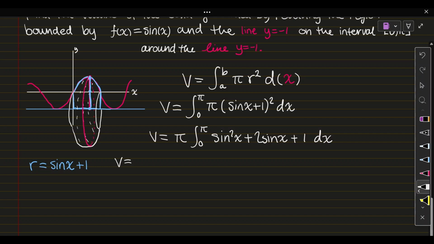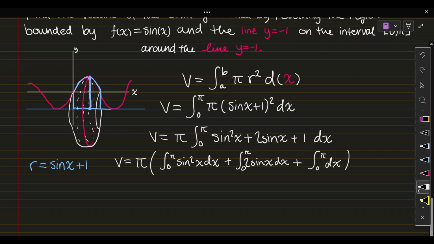This is going to be V equals pi times the integral from 0 to pi of sine squared x dx plus the integral of 2 sine x from 0 to pi dx plus the integral from 0 to pi of dx. And that's just me breaking this sum up into 3 separate integrals.